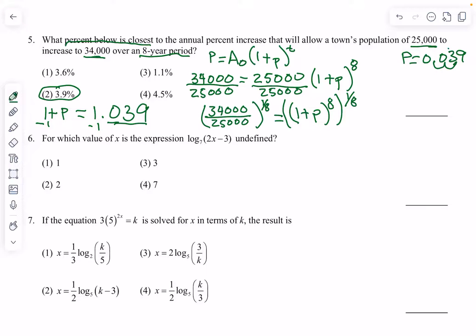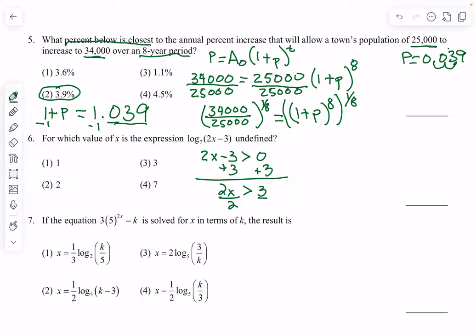All right, so which one makes this log undefined, right? So 2x minus 3 has to be greater than 0. It can't be equal to 0, and it can't be a negative number. Okay? And I'll show you that in a second. But if you solve this, you add 3 to both sides, 2x is greater than 3.